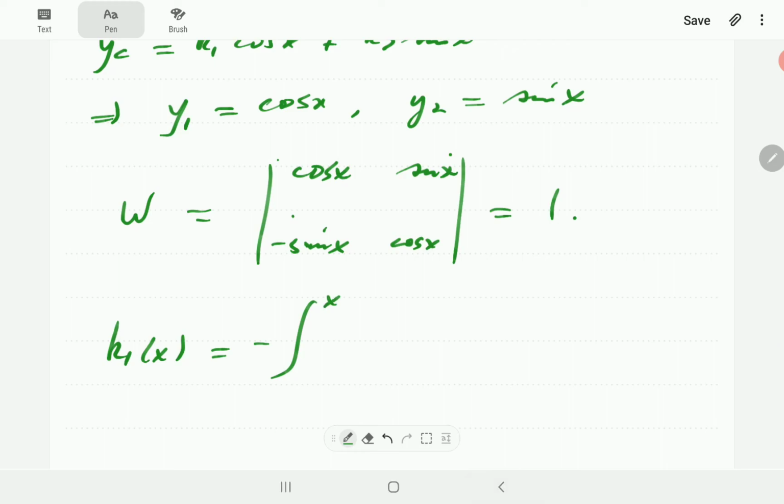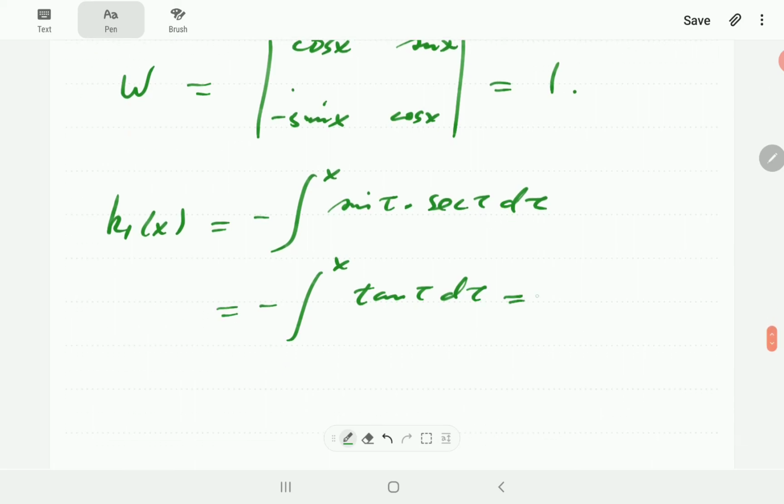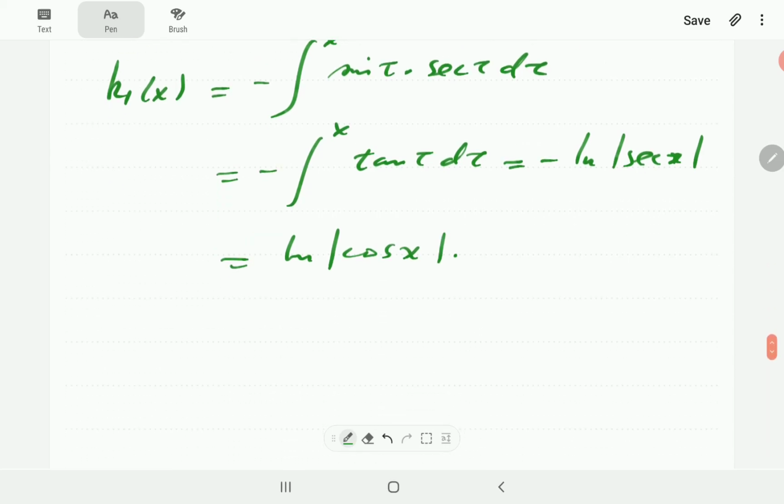Then plugging into the formula for k1, k1 is the integral of y2, which is sine tau, times f. The Wronskian this time is 1, so dividing by 1 leaves it exactly as it is. So this is just a tangent, and because tangent is a standard integral, the integral of tangent is ln of secant, so we can write that as minus ln of cosine x.